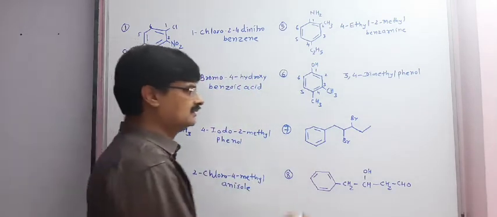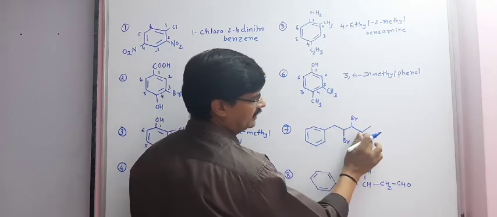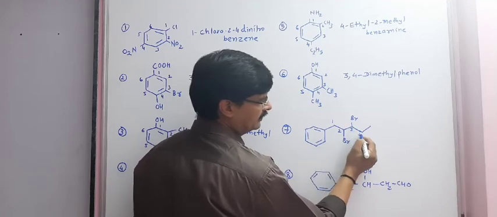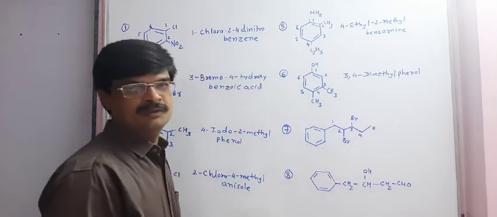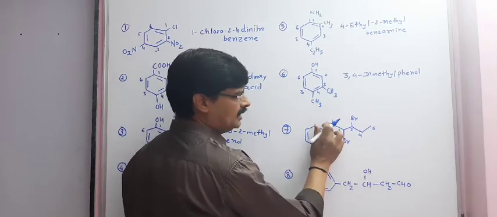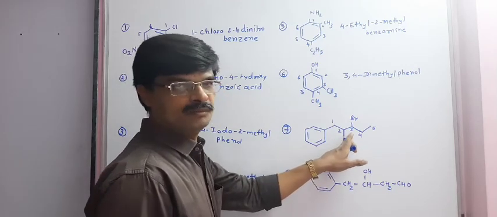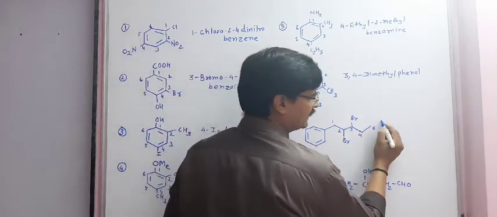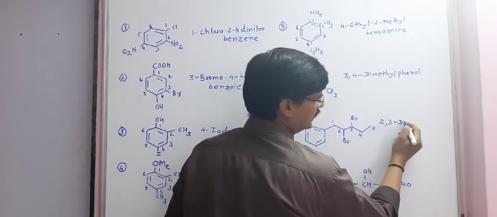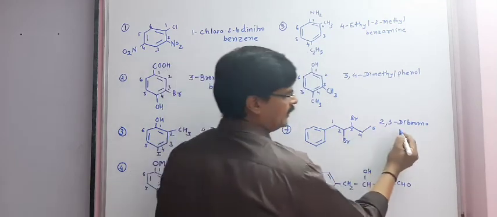Now the next one. First of all we have a long alkyl chain, say number 1 here, 2 here, 3, 4 and 5. So we have a chain of 5 carbon atoms on which the first carbon contains a phenyl group, and the second and third contain a bromine group. So giving the IUPAC name, 2,3-dibromo pentane.